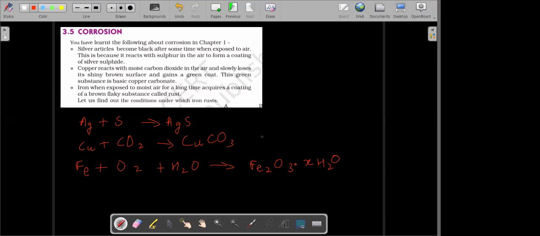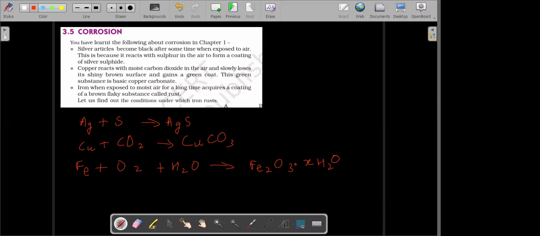The conditions necessary for the formation of rust are the presence of oxygen and the presence of moisture. Both are required. Iron plus oxygen combining with water forms Fe2O3·xH2O. All these processes are corrosion.